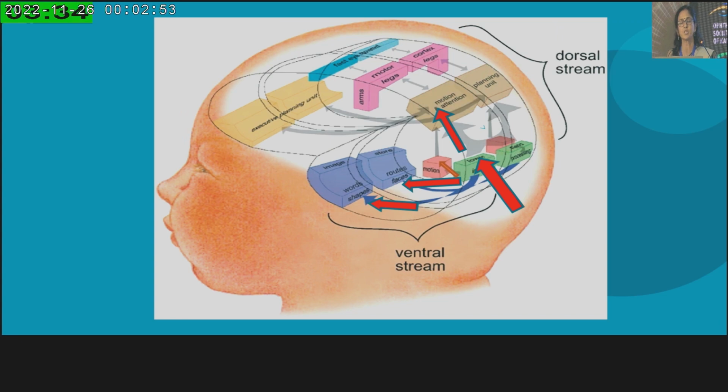Then information also passes to the posterior parietal lobe. Suppose we see a number of objects on a table and we want to take a particular thing, for example a pencil. We have to process a lot of things, and that is called visual orientation.